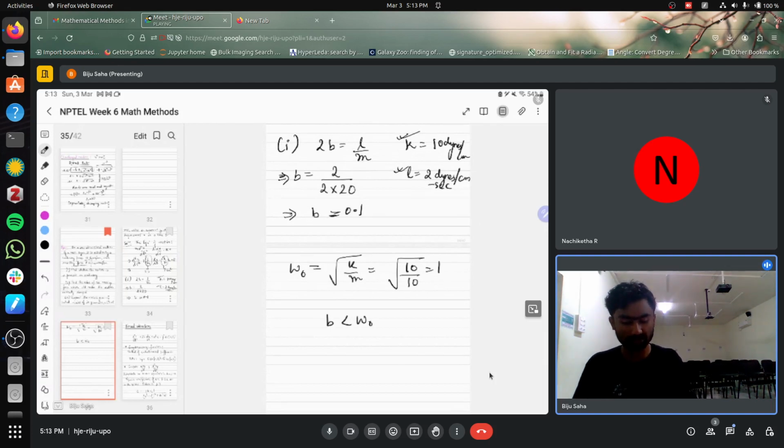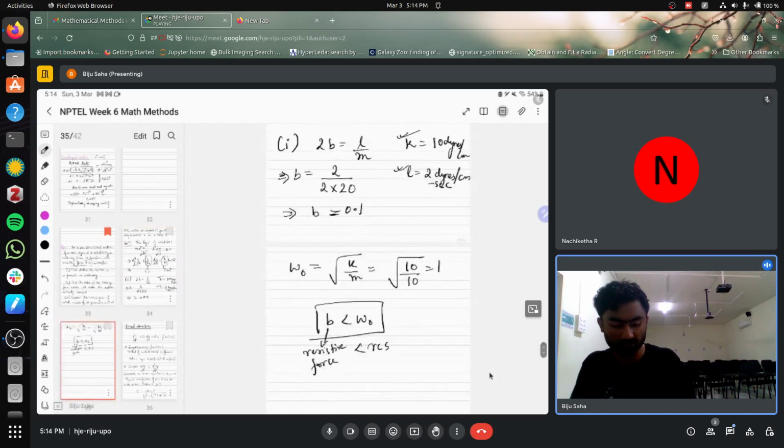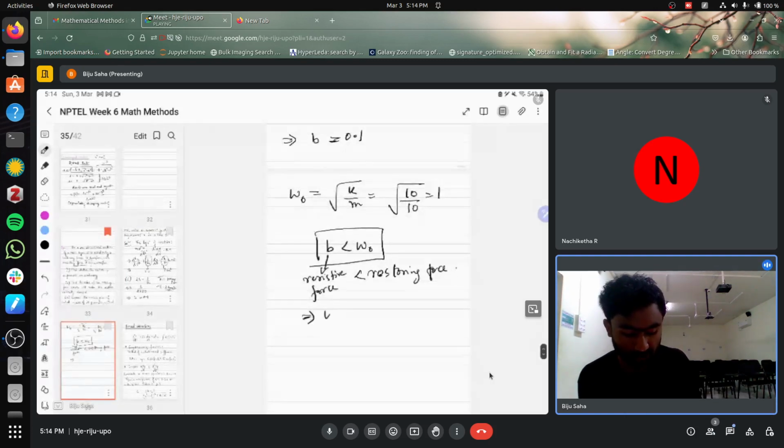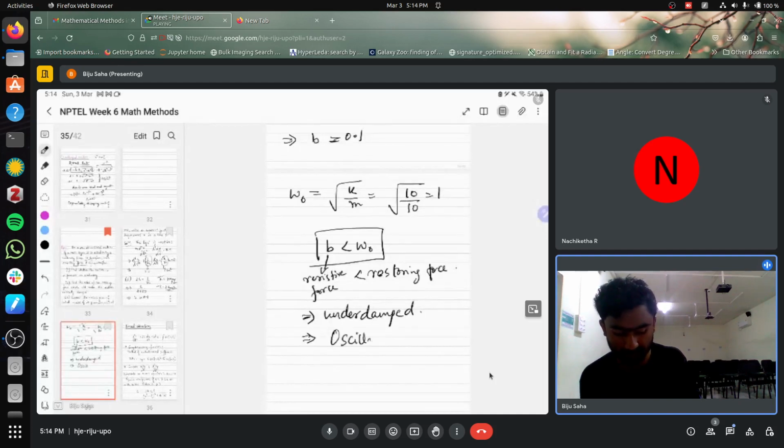Can you say whether this motion belongs to the underdamped category or the overdamped category? Since b is less than omega naught, your resistive force is less than your restoring force, that would say that the motion is underdamped. So your motion will be oscillatory in nature.